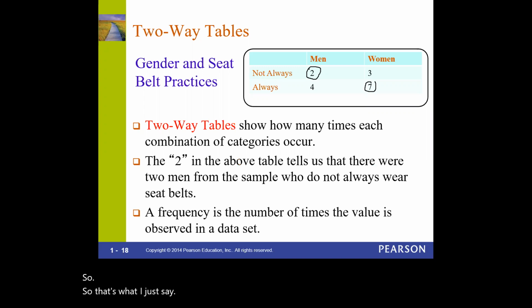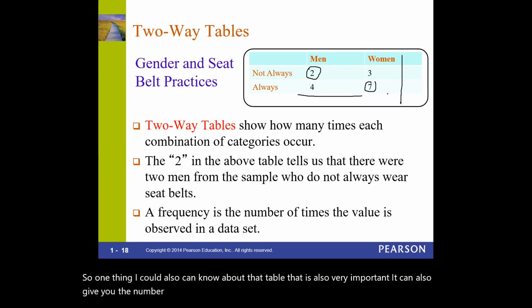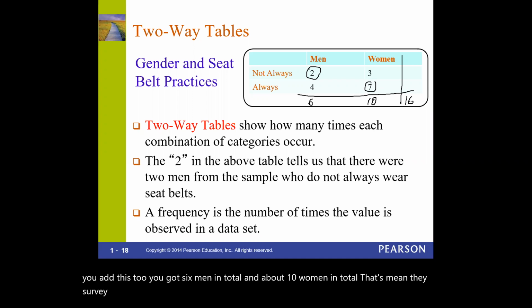One thing about that table that is also very important is that it can also give you the total number of everything. For example, how many men do we have? If you add these 2, you get 6 men in total and about 10 women in total. That means they surveyed about 16 people.